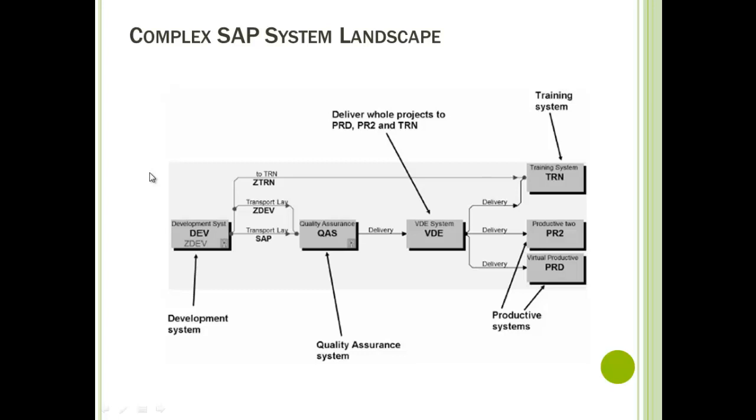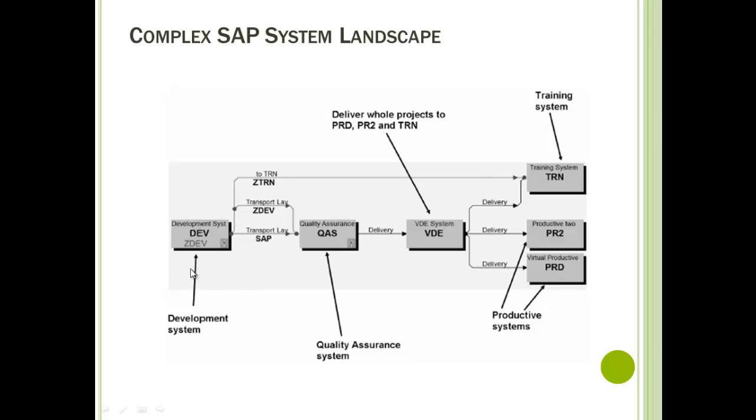We can say customizing you can keep in different systems, but it will not have much impact like a repository object. However, if you want to have two different systems for customizing, my recommendation will be, instead of having two different systems, you can have additional clients in the same development system. Anyway, the customizing will be client independent customizing. You can differentiate in different clients.